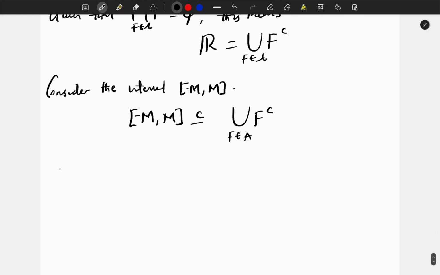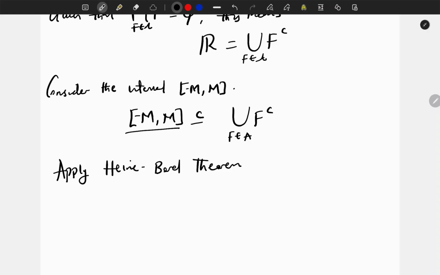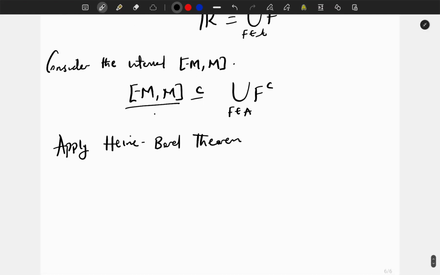So we can now apply one of the theorems we proved in our previous video, which is the Heine-Borel theorem. So since this is a closed bounded set, the Heine-Borel theorem says that if this is closed and bounded in R, then there exists a finite subcover for our open cover.